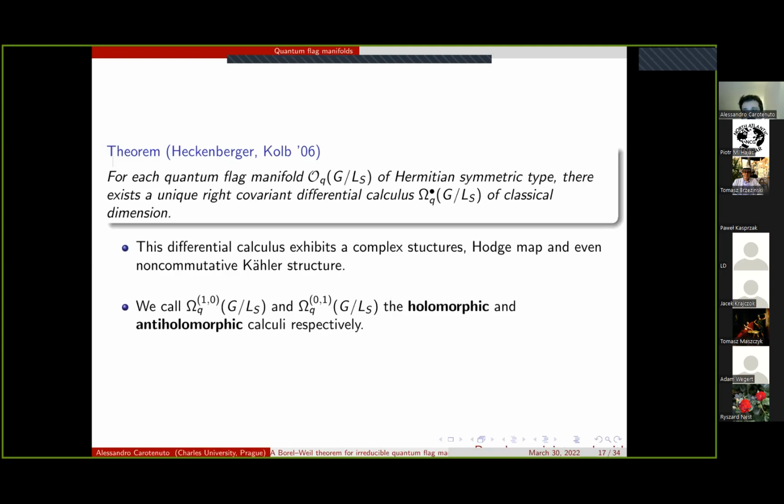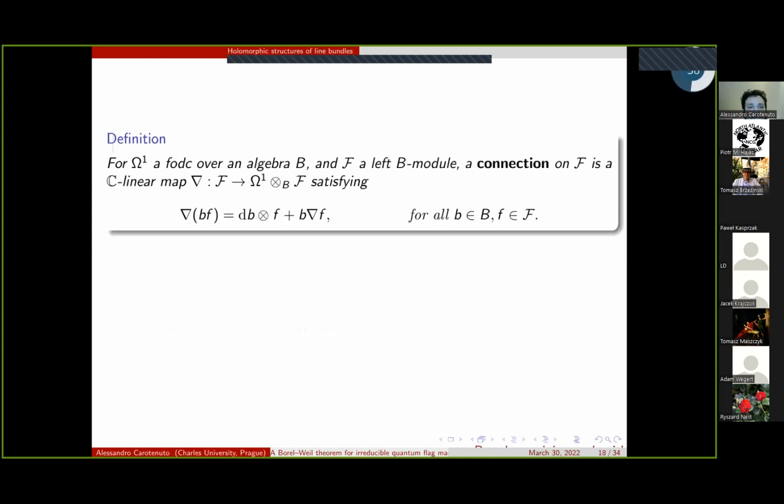Good, so we have something we can work with, because remember we want to look at holomorphic sections for a quantum flag manifold in the end to state the Borel-Weil theorem. So let me remind you that for a first order differential calculus and a left B module F, a connection on F is a linear map with respect to this sort of Leibniz rule.